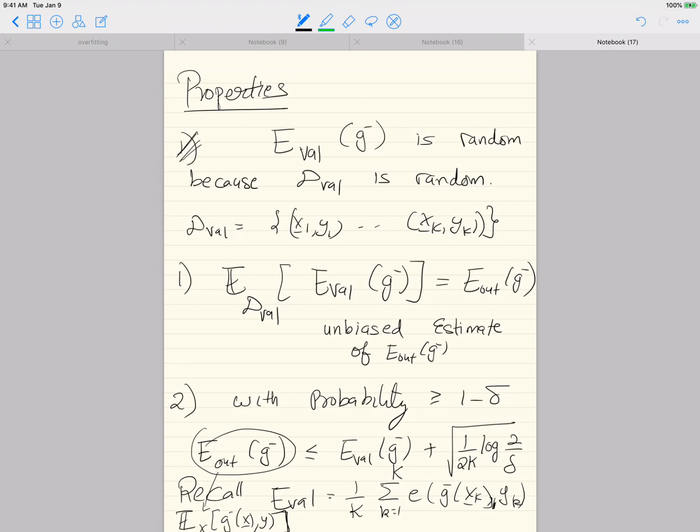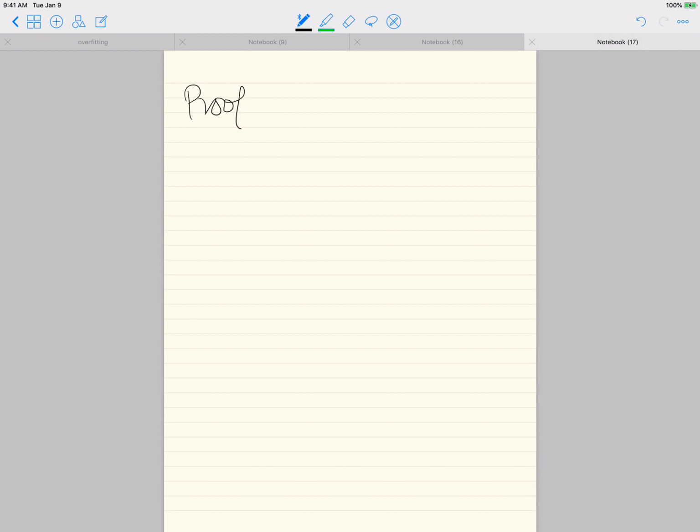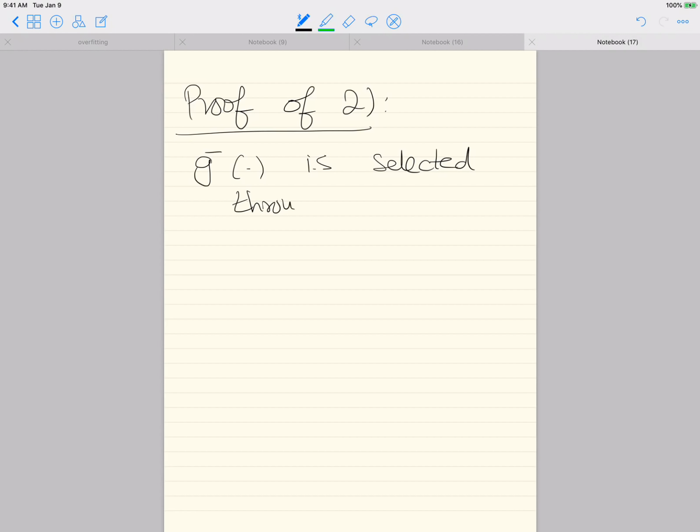Now imagine I was training a linear classifier. So I used SGD. I trained this classifier on these 900 points and I found my best hypothesis, the best line. That is g minus, right? Once I have this hypothesis, we'll prove two first. So g minus is selected through D_train, right?